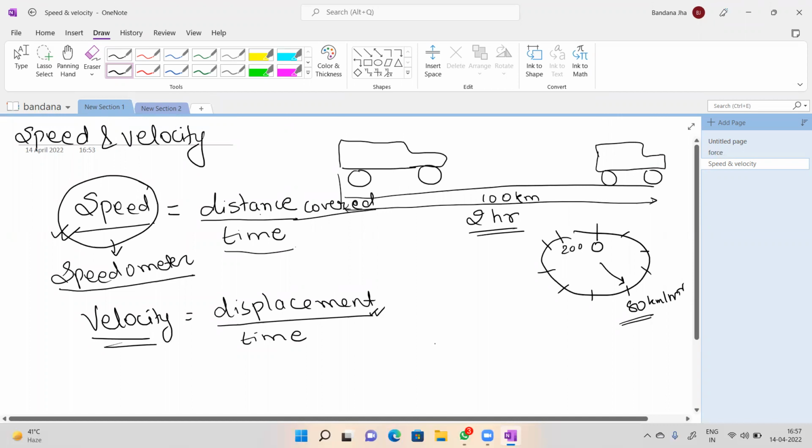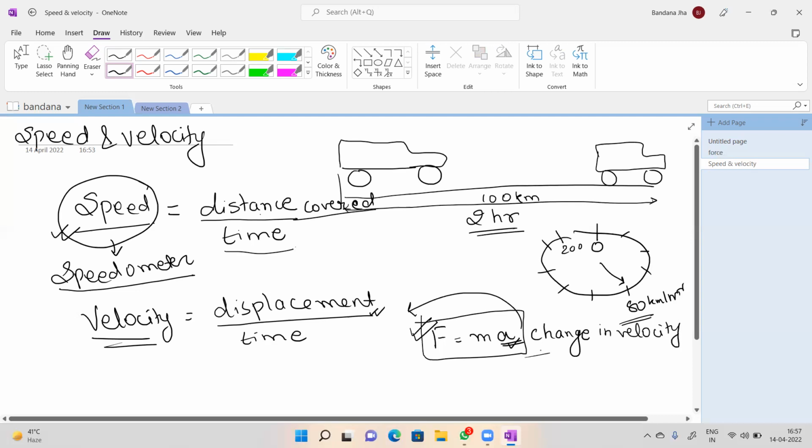Okay. Because you are studying force now, the formula for force is mass into acceleration. You can see in your book also this formula is there. So for acceleration, first you have to understand what velocity is, because acceleration is change in velocity upon change in time. This is new for you. If you are studying physics, a little bit of extra things apart from your syllabus will be good for you in your upcoming classes.